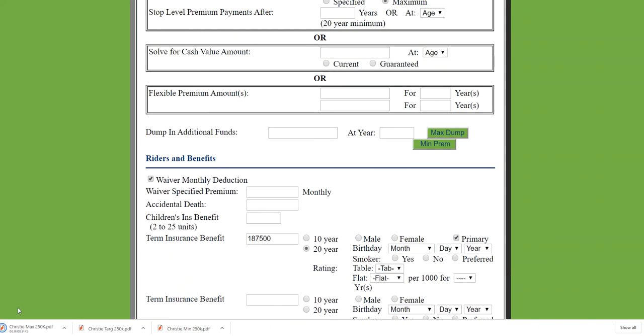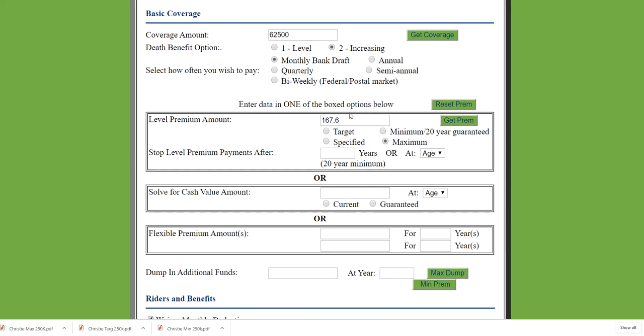Now we have obviously three different files: the minimum, target, and the maximum. If we already know the minimum is $60 and the maximum is $167.60, well, it makes sense that the customer can pay from the minimum to the maximum.